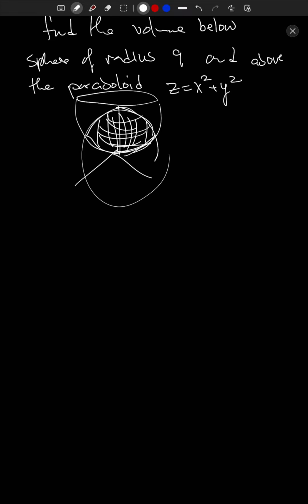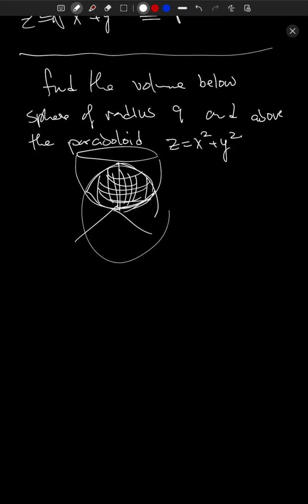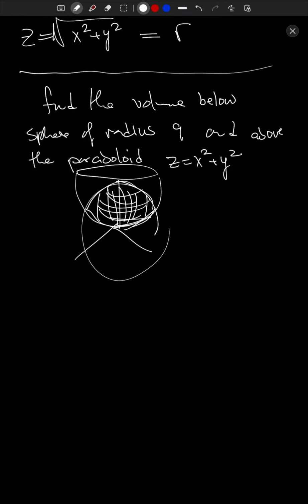Okay, so this looks like it's probably suited to polar coordinates, at least in terms of the function part of the integral, because this is going to turn out to be a double integral. Let me just write it in general, so dA, right? And it's going to be, well, we want below the sphere, we want above the paraboloid.